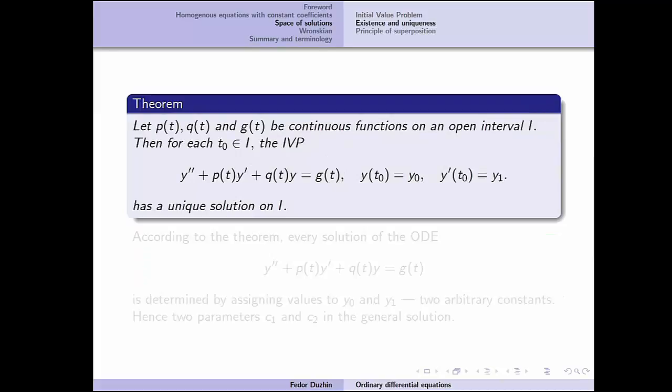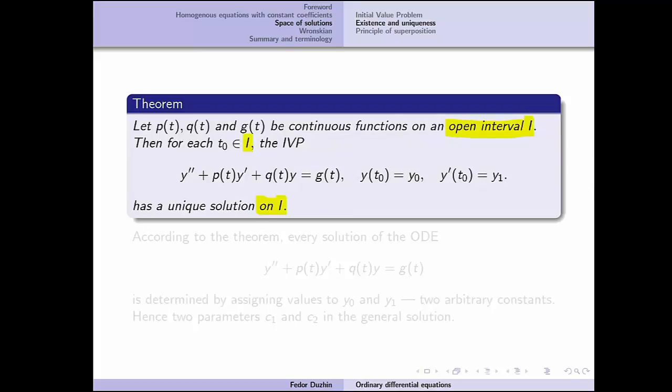And again, of course, the big theorem here is that every initial value problem of a second-order differential equation again has a unique solution. Since we are talking about linear equations, the unique solution is on the same interval where the coefficients of the differential equation belong.